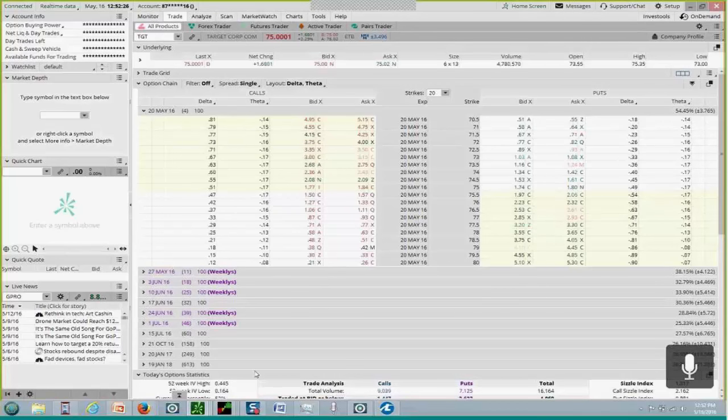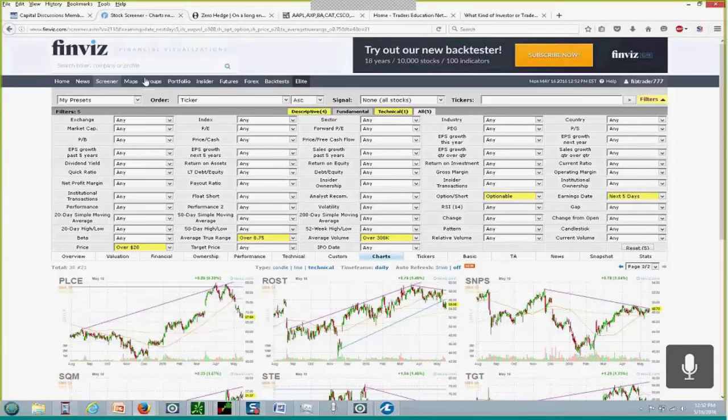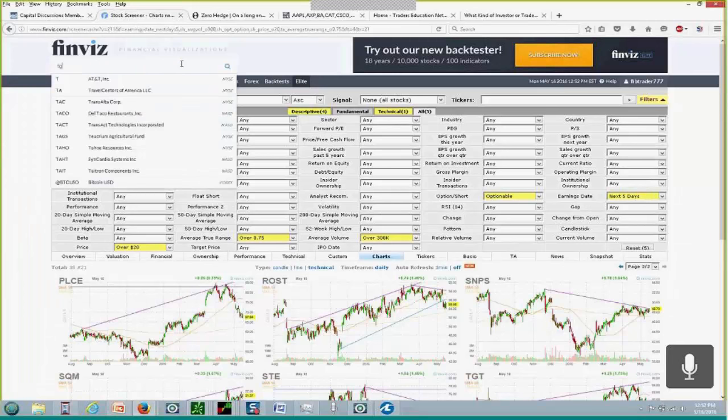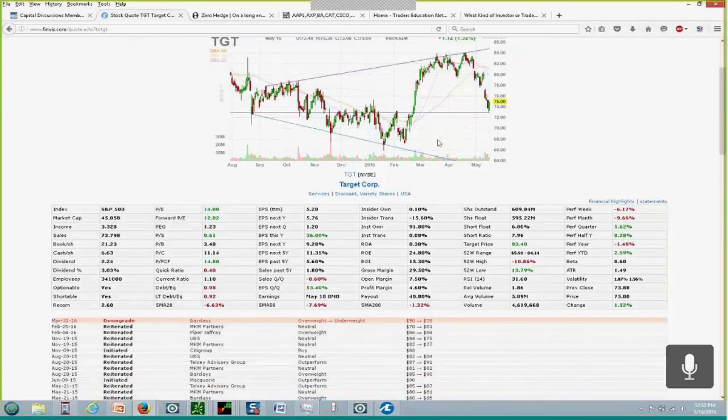And when is earnings coming out? If I take a look at FinViz and type in TGT up here, I'll have all the information about Target. And so earnings is May 18th before the market opens. So today's the 16th, which means that I have 2 days to put a trade in place.